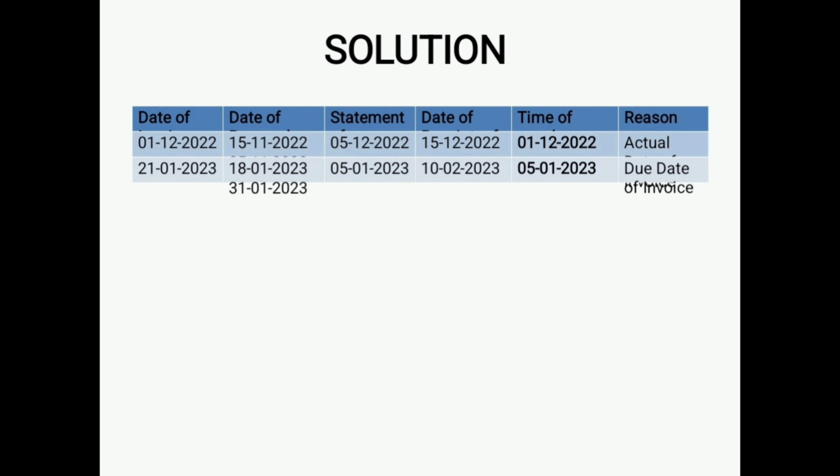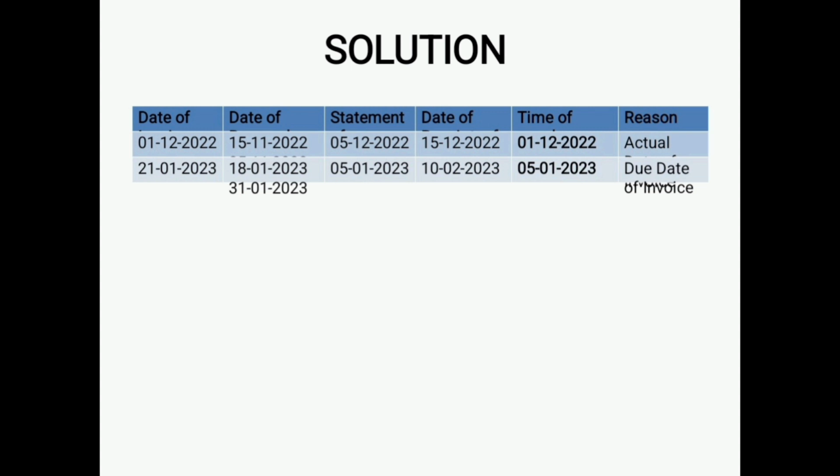So what will the time of supply be? The time of supply is actually the date of invoice that is given first, since the invoice was already issued. That will become your date of supply.